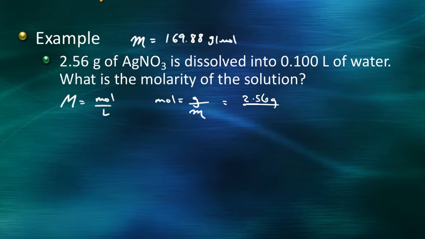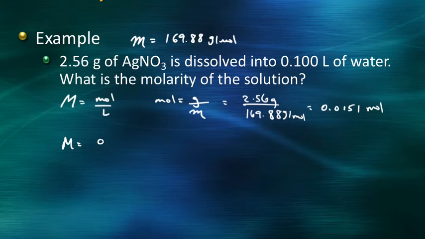2.56 grams divided by the molar mass given to us, 169.88 grams per mole, and we'll do that to 3 significant figures. That's going to give us 0.0151 moles. And we can then plug that into the equation here.